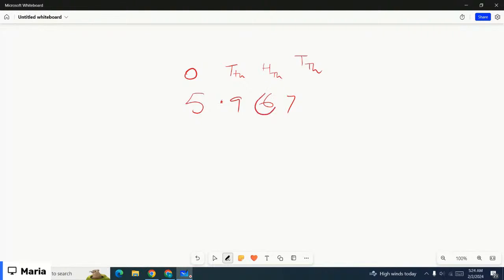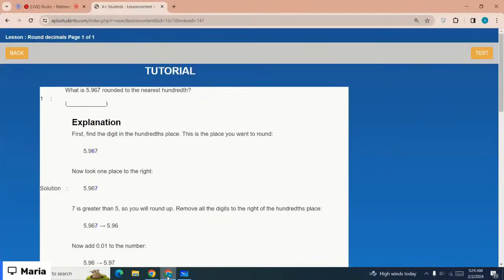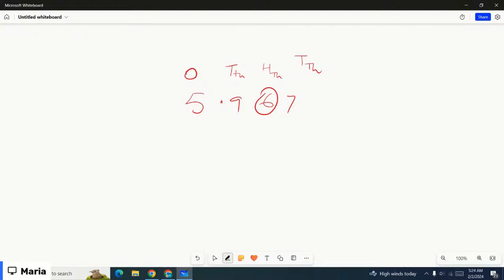So 6 is at the hundredth position, right? You need to round off the number at the hundredth position, so look at the right-hand side of the hundredth. You have 7.